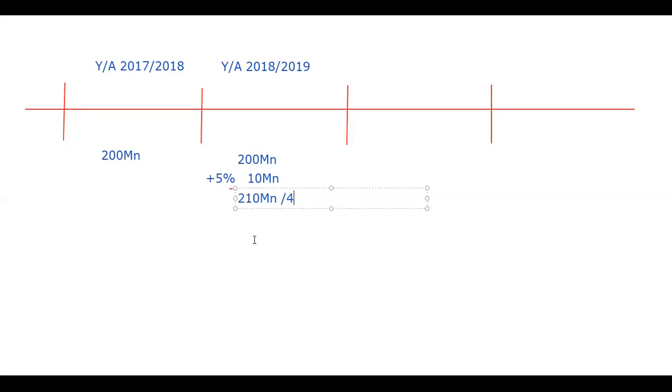If you divide 210 by 4, what amount do you get exactly? 52.5. Am I correct? So they require you to pay 52.5 each quarter.